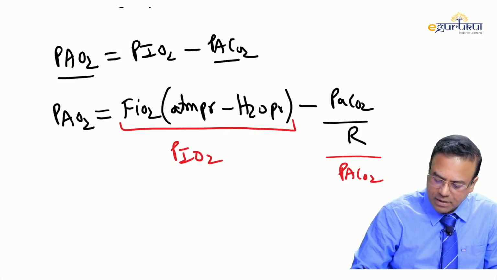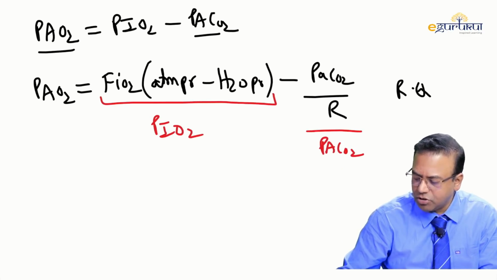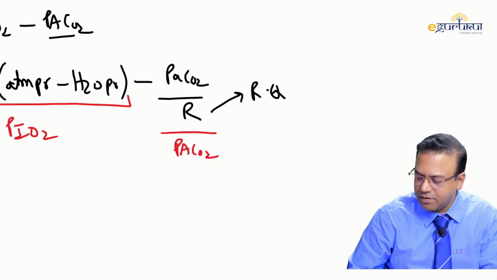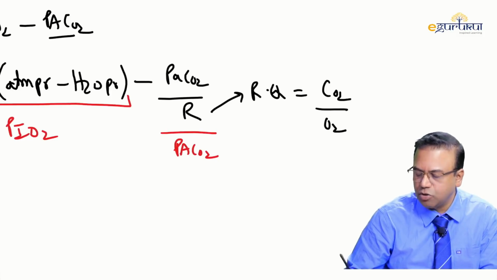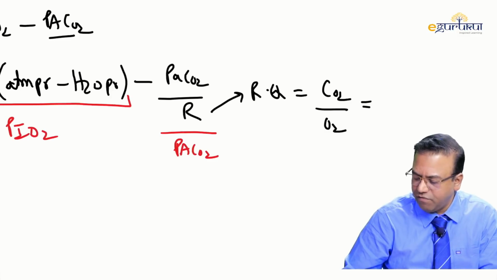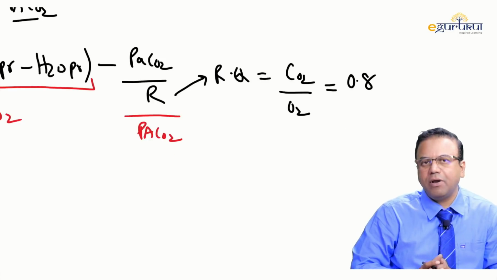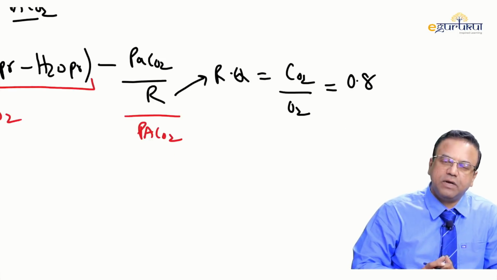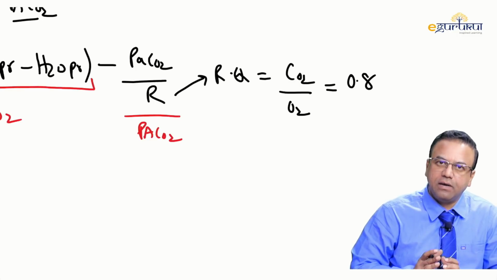In a normal person, the respiratory quotient, or the R factor which I have written here, is the volume of carbon dioxide produced to the volume of oxygen consumed every minute. If you put these values, roughly you will find that it is 0.8, taking an average considering the person has a proportionate amount of fat and carbohydrate in the diet.